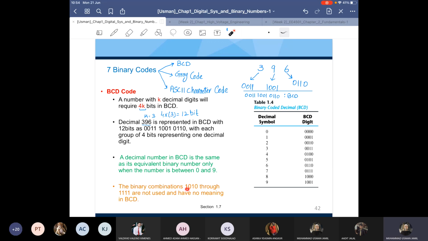So the binary combinations 1010 through 1111 are not used and have no meaning in BCD. For example, this number is equivalent to 10, and we don't have a 10 here, because we represent each digit with one number.